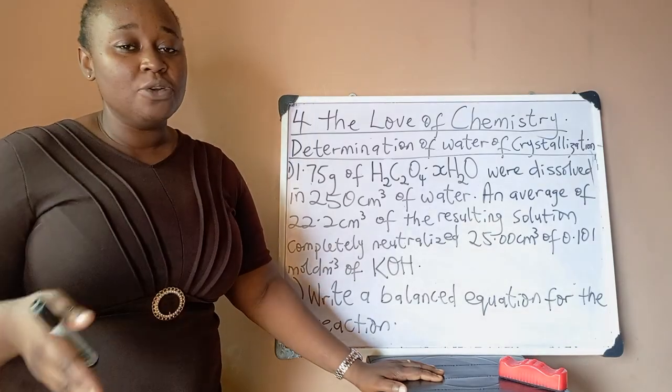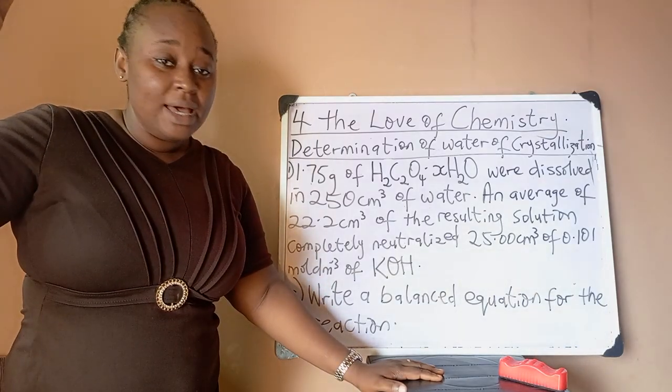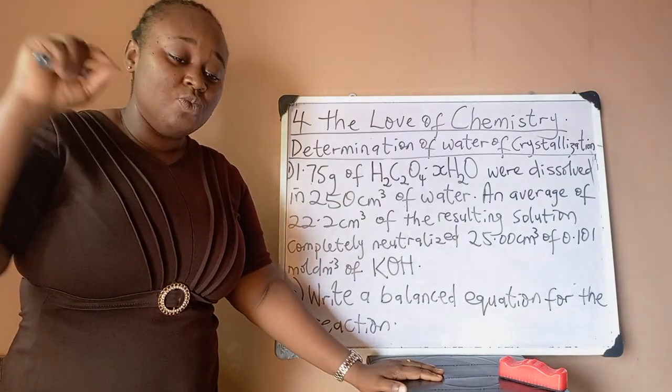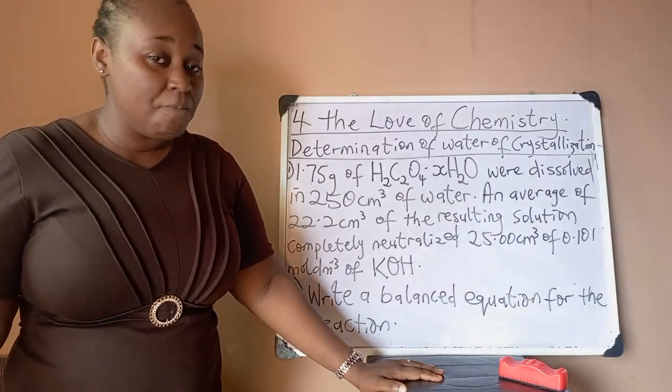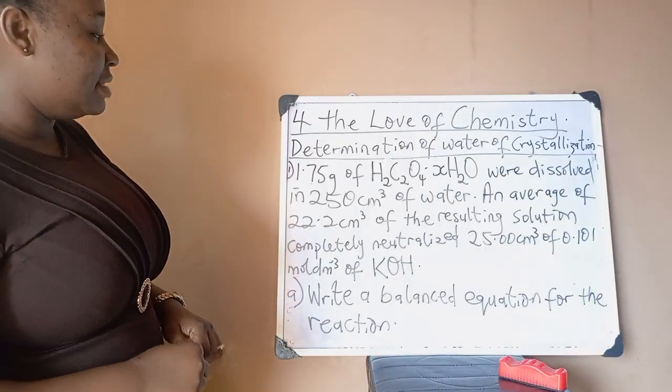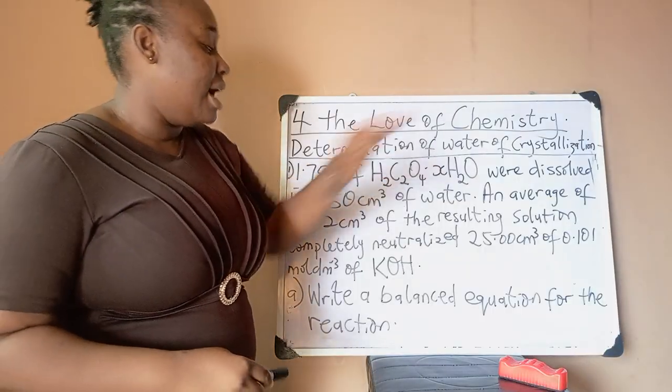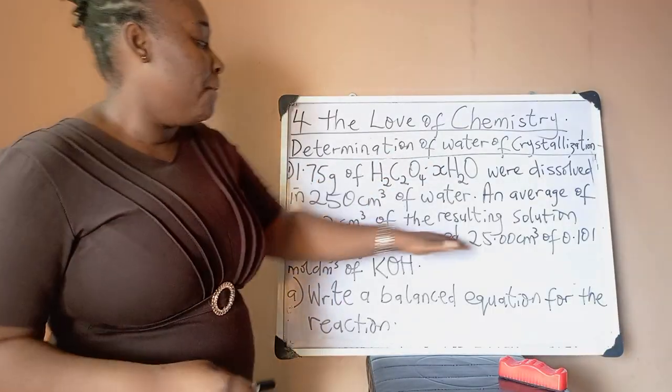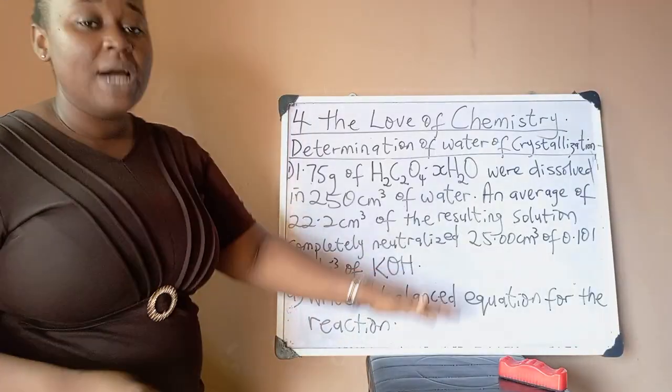You don't have a product manufactured from heaven or anywhere. It is what you reacted that will give you your product. So looking at this question, what are the reactants? It says ethane dioic acid was completely neutralized by potassium hydroxide.